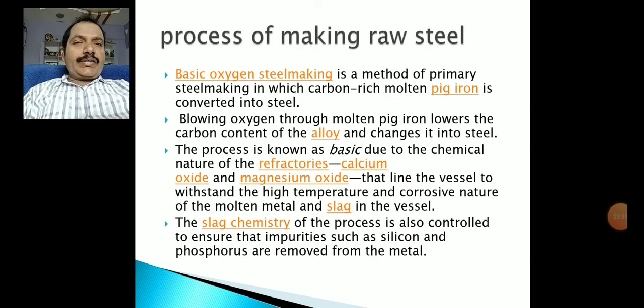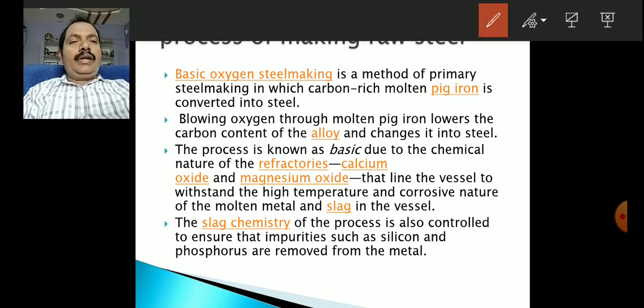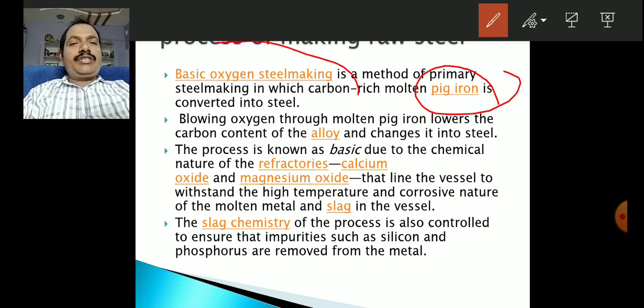Process of making raw steel. So the basic oxygen steel making is a method of primary steel making in which carbon rich molten pig iron is converted into steel. So to make raw steel, definitely we need pig iron as an input material, and the basic oxygen furnace will convert this pig iron into steel.